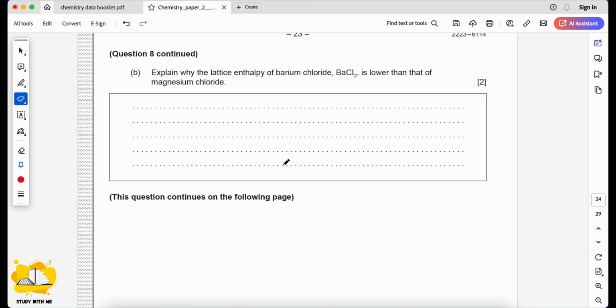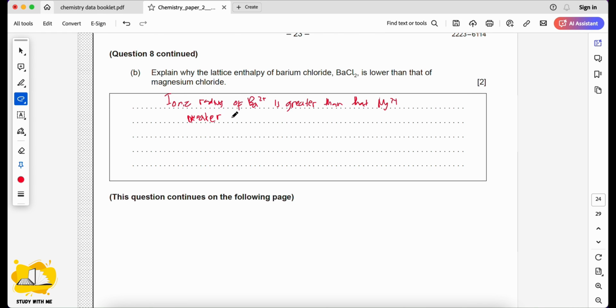Explain why the lattice enthalpy of barium chloride, BaCl2, is lower than that of magnesium chloride. Okay, so the ionic radius of Ba2+ is greater than that of Mg2+.